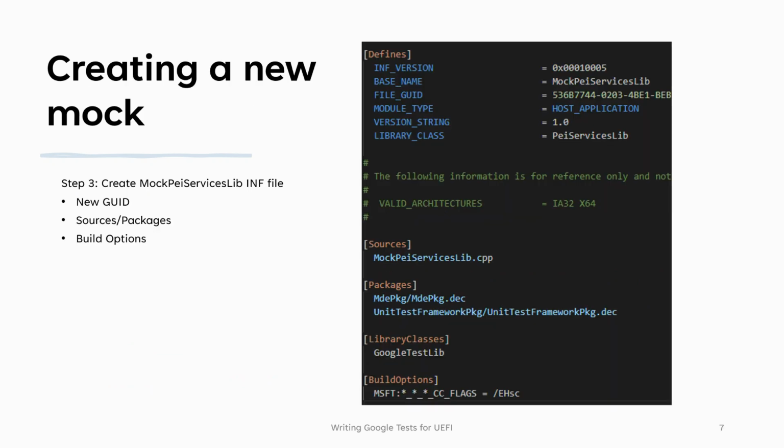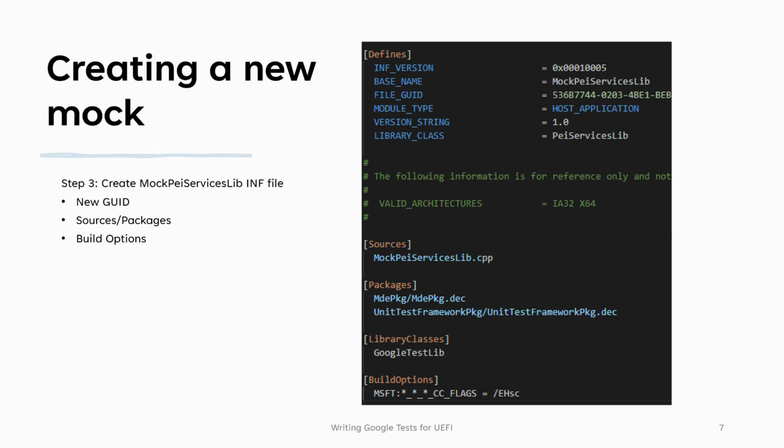Next, we'll make the INF with a new file GUID and include our relevant source file and packages. With our build options, we have this option appending /EHsc to any existing build flags. The EH stands for error handling, and this flag enables C++ stack unwinding, so we can catch standard C++ exceptions.